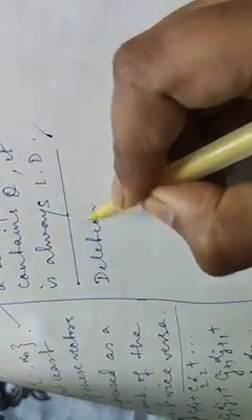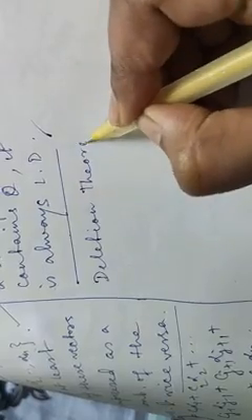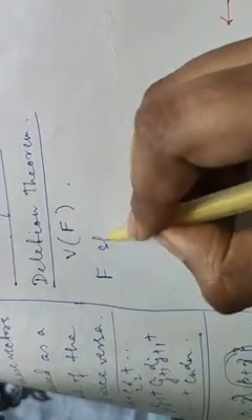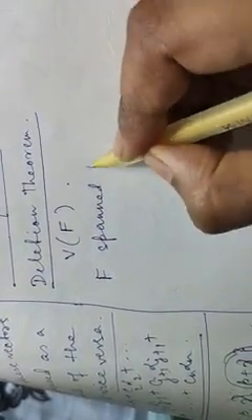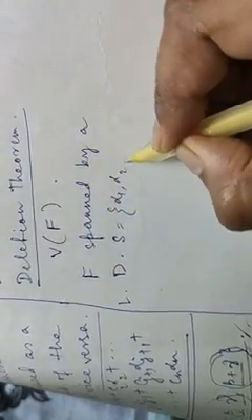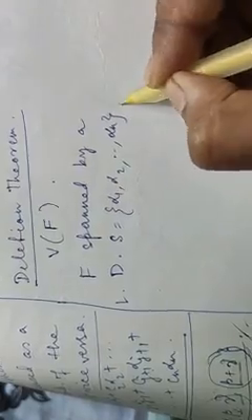Now moving to the next theorem, which is called the deletion theorem. It states that suppose we have a vector space V over a field F, and V is spanned by a linearly dependent set of vectors S equals alpha 1, alpha 2, ..., alpha n.